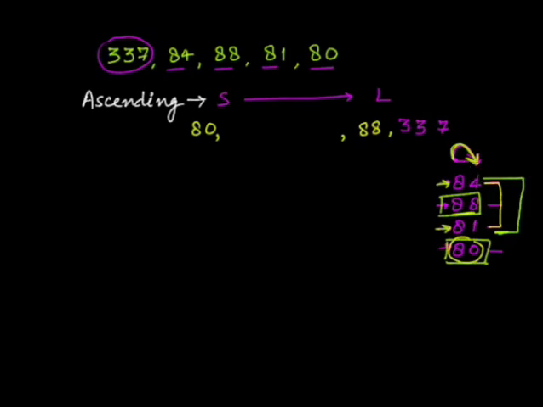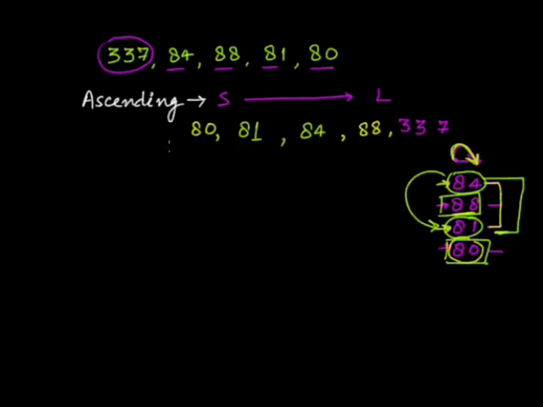We have 4 and we have 1. Which is the larger digit? Obviously 4. 4 is larger than 1. Therefore 84 is larger than 81. So write it here, 84. And we are left only with 81. Therefore write it here, 81.